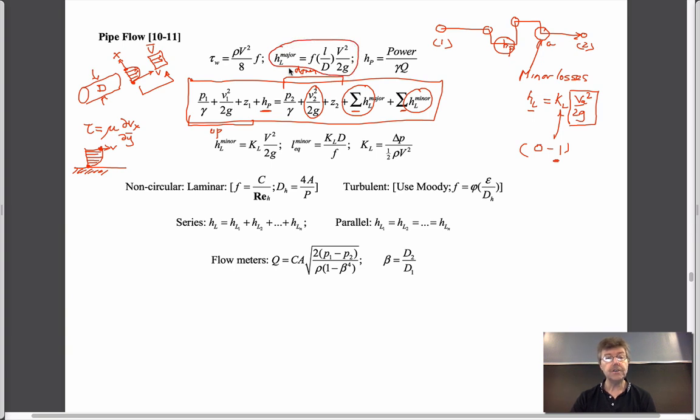And it says that the major losses are a function, I'll just write it out, of three components. It's a friction factor, which we'll talk about today. It's a length of the pipe that we travel down, so this would be whatever this length would be.